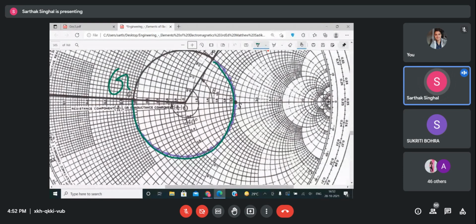So now calculate the value at G: which resistance circle and which reactance circle are meeting at point G.